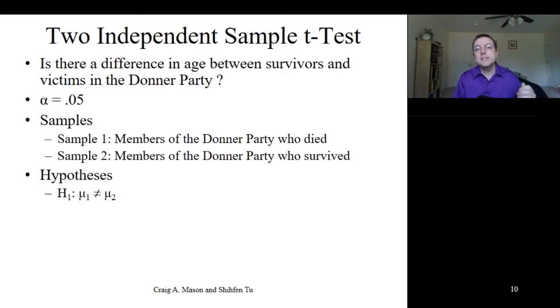We want to test and infer whether the mean age for the population of people in wagon trains who may get stuck in the Sierra Nevadas all winter, whether the means for the populations of those who would survive and those who don't survive are possibly different. And that's what the inferential statistics do. They allow us to infer things about populations. In this case, whether the means for the populations are different.